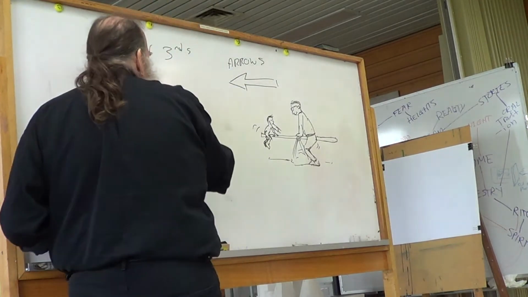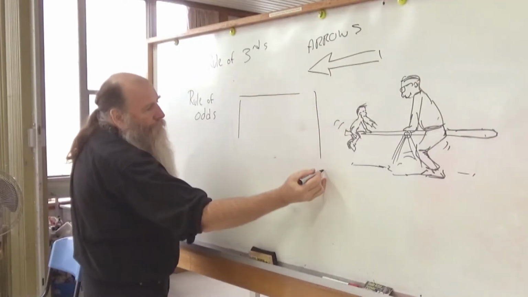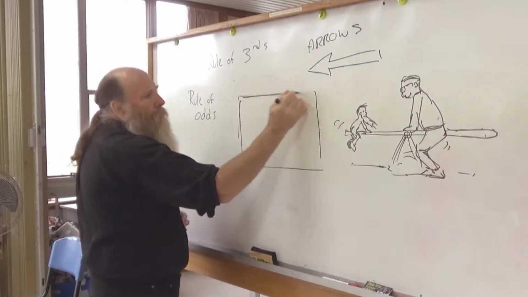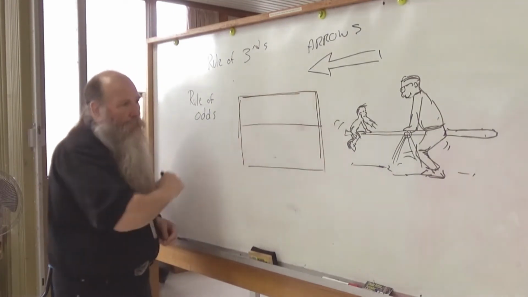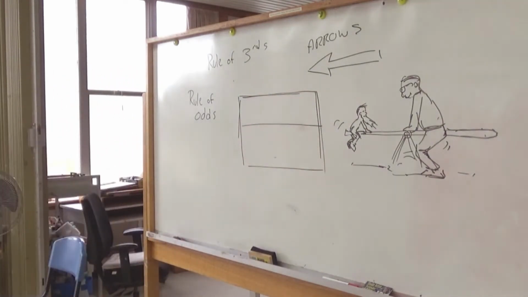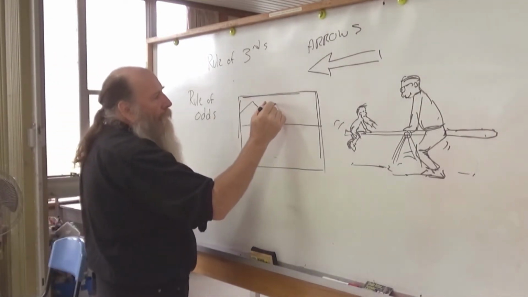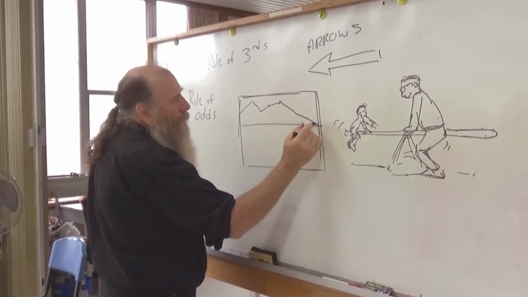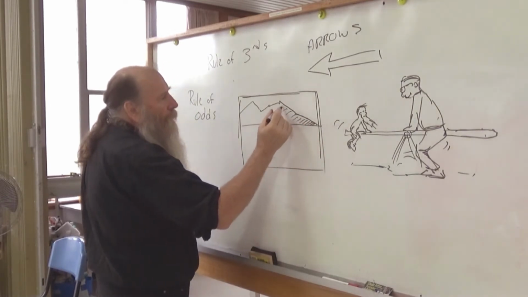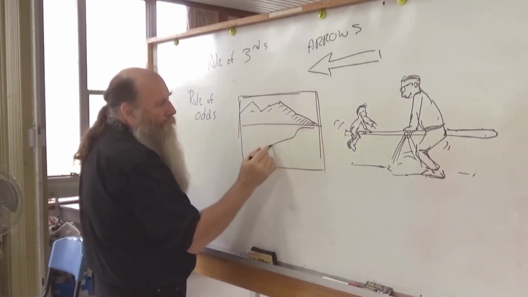So let's go to landscape again. Here's our landscape with a mountain range. And a road.